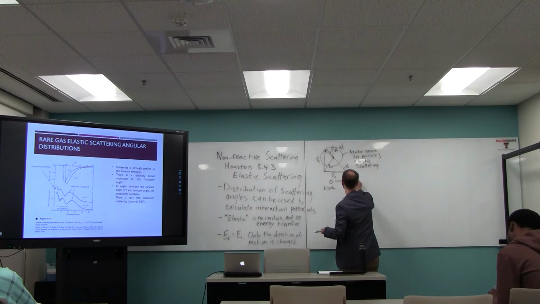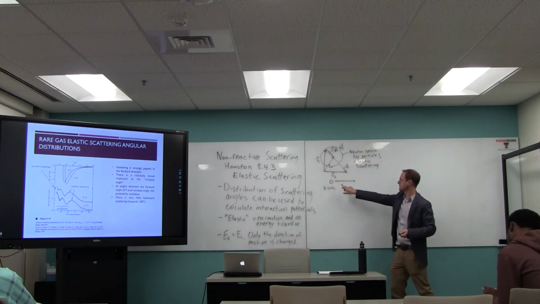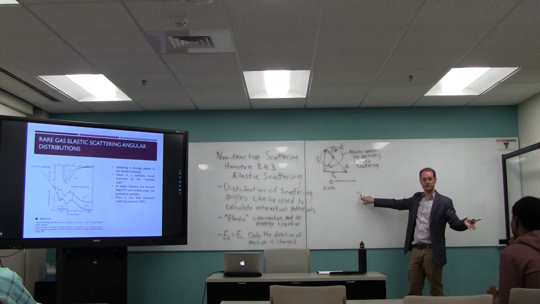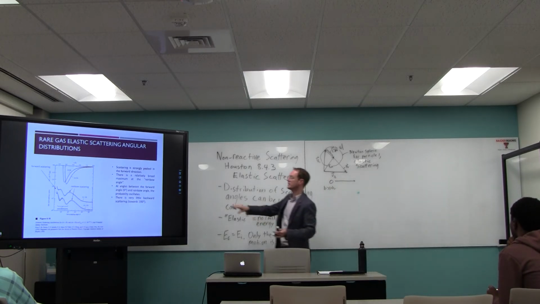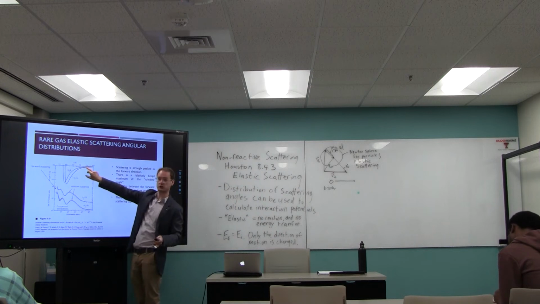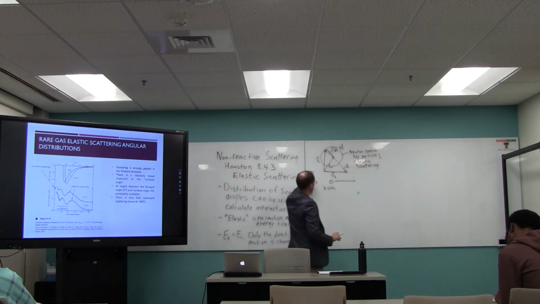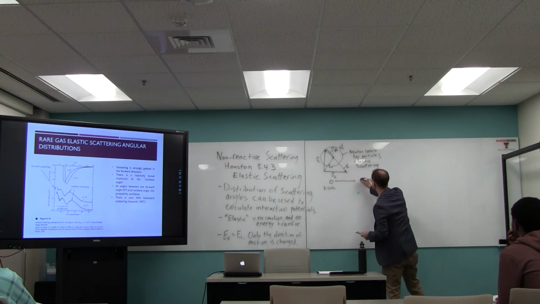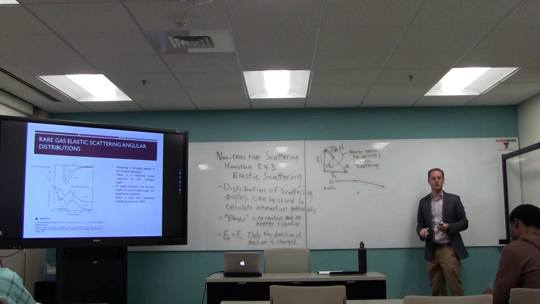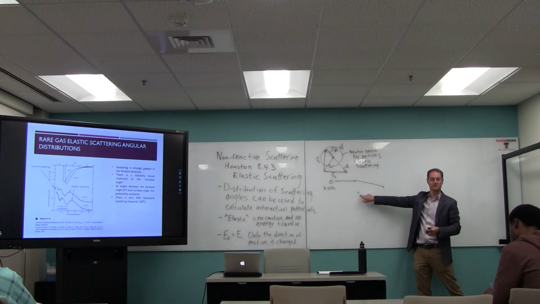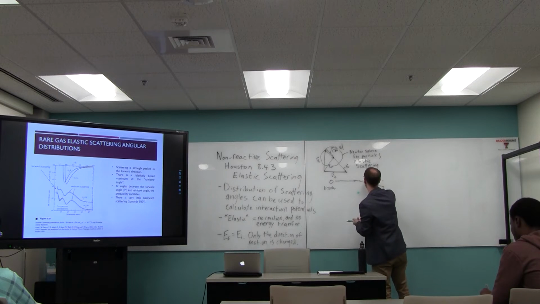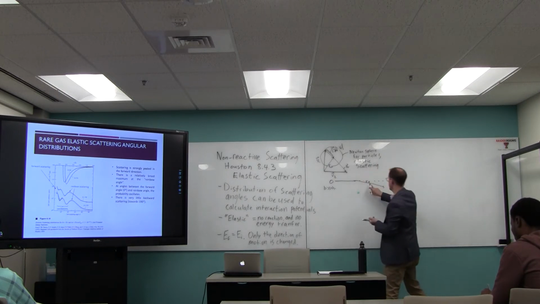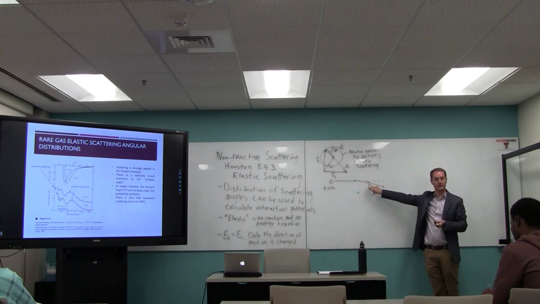So if you have a very large impact parameter, then basically the two atoms are not going to feel each other very much, but when they're a long distance away, you have a slight attraction. So as the argon atom flies past the krypton atom, it's going to be deflected slightly towards the atom that it's scattering from. Okay? And so then the deflection angle, I'll call that chi, is going to be a small negative angle.